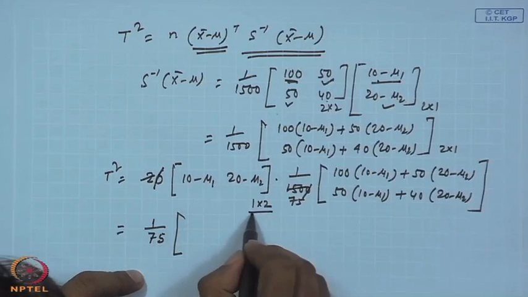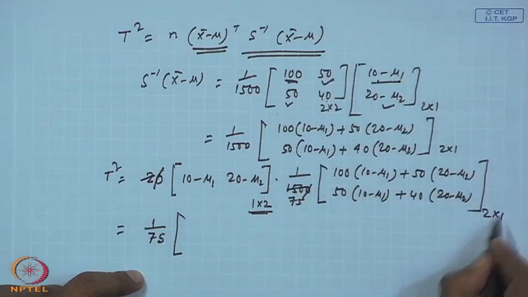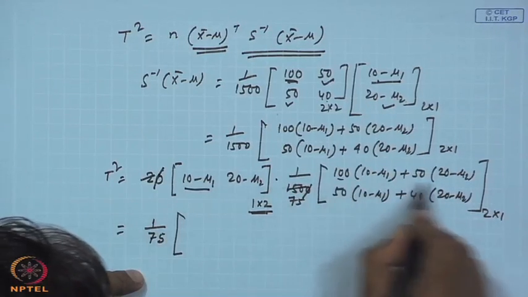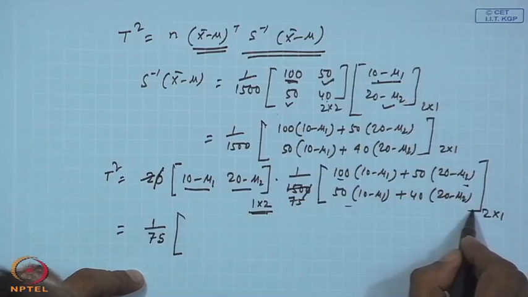Now, you see it is 1 cross 2 and 2 cross 1, so you will be getting only one scalar value. Multiply this into this and this into this.